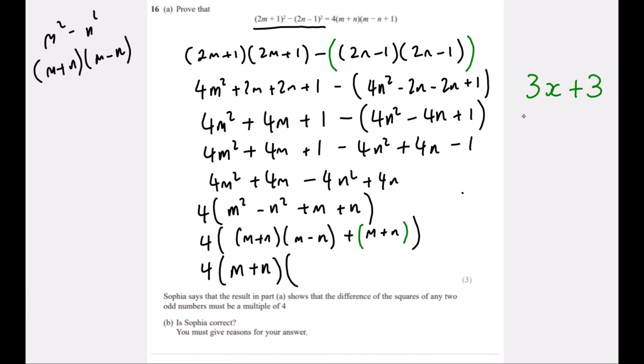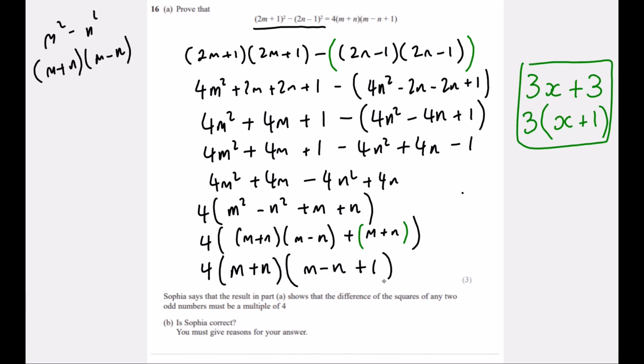I'm factorizing out the 3, changing it into 3 on the outside, and then x plus 1 on the inside. We're just doing exactly the same as this, but instead of 3, we've got m plus n that we're taking out. So m plus n comes out. That leaves m minus n as the first term, and the second term is just 1. And that is what we wanted.